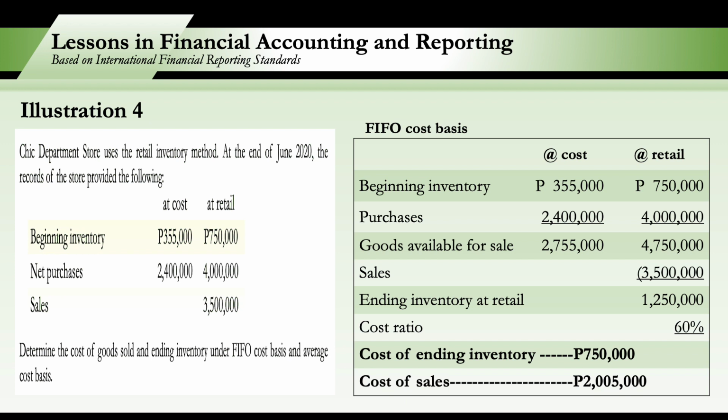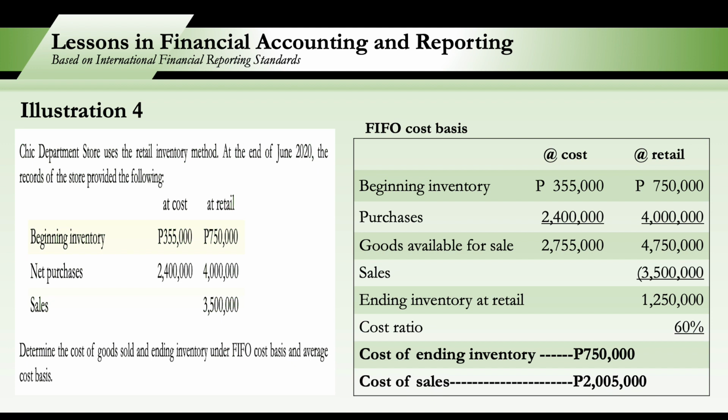So 1,250,000, our ending inventory at retail, times 60%. So our cost of ending inventory is 750,000. And then to determine our cost of sales or cost of goods sold, we just deduct from the goods available for sale at cost of 2,755,000 the cost of ending inventory of 750,000, and therefore we get our cost of sales of 2,005,000.